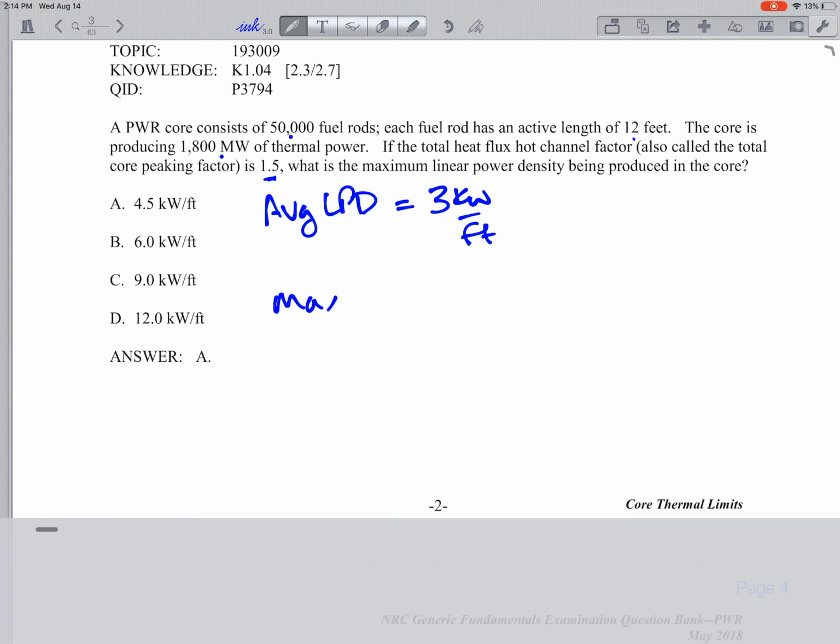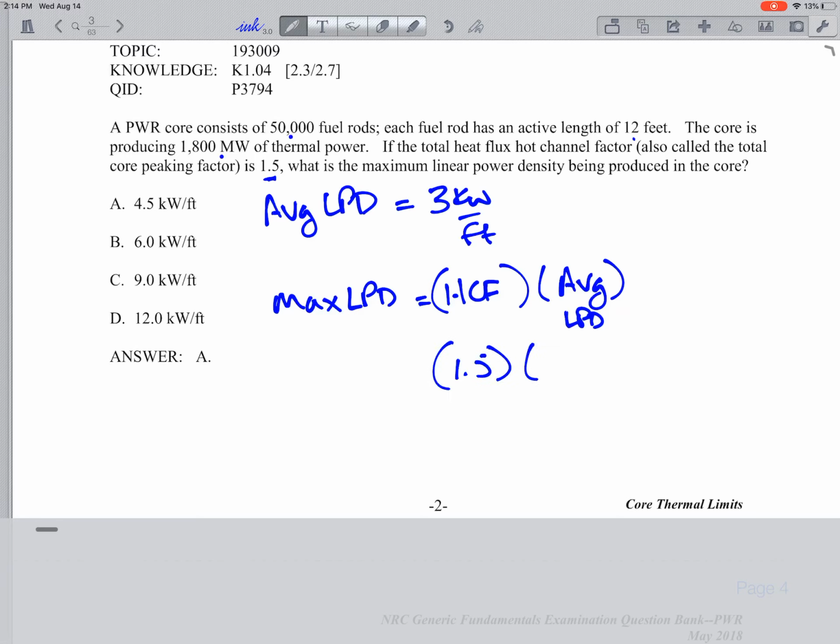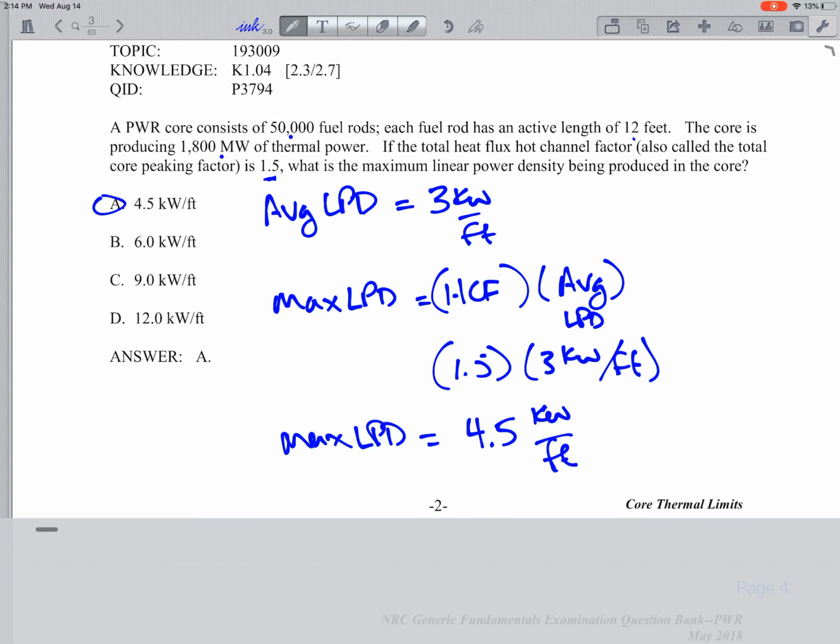So max LPD is going to be hot channel factor times average LPD. And that's going to be 1.5 times 3 kilowatts per foot. So max LPD is going to be equal to 4.5 kilowatts per foot. And that is indeed the correct answer.